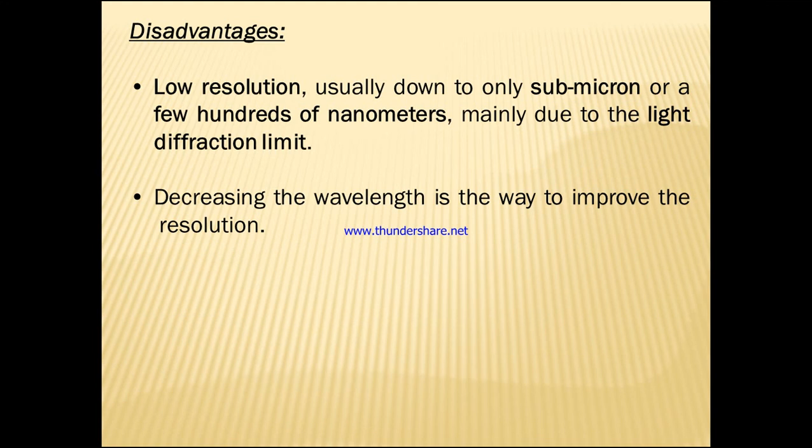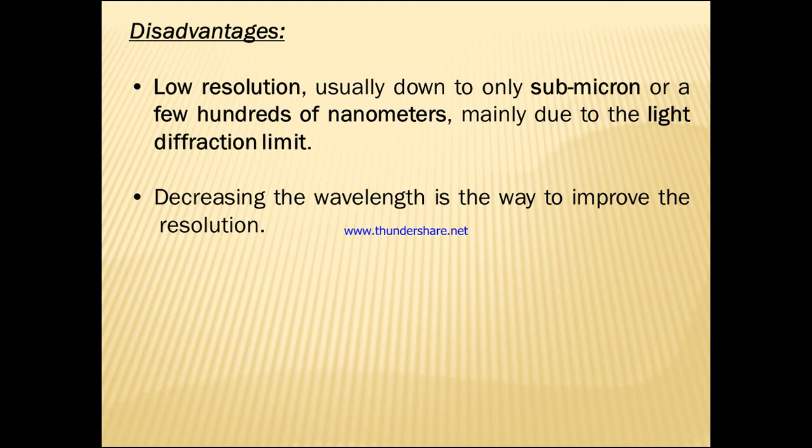The disadvantage of this optical microscope is low resolution. I have already discussed this. With the optical microscope we can get high magnification, but we do not get the resolution. That is the disadvantage with respect to the optical microscope. Low resolution, usually down to only submicrons.